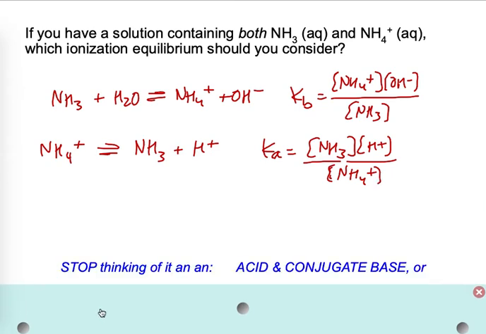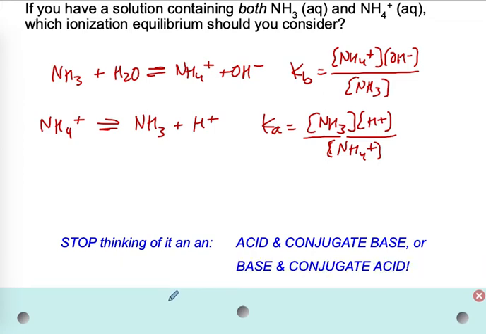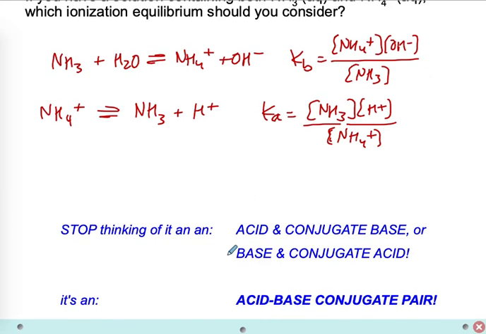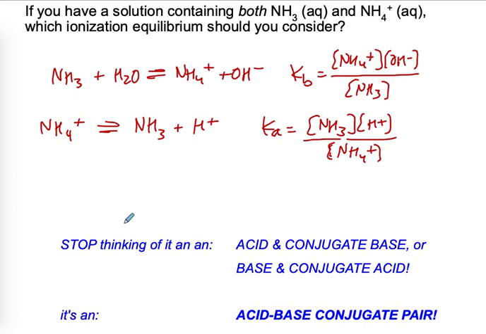Okay, so once again, I'll say this literally 10,000 times, stop thinking of this as a solution of a weak acid and its conjugate base or a weak base and its conjugate acid. Instead, think of it as an acid-base conjugate pair. Once again, choose one of the two equilibrium ionization expressions and stick with it, and you'll get the same answer.